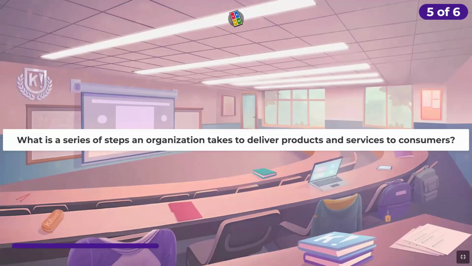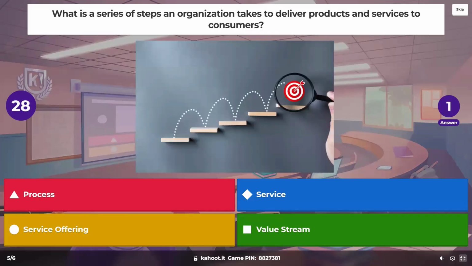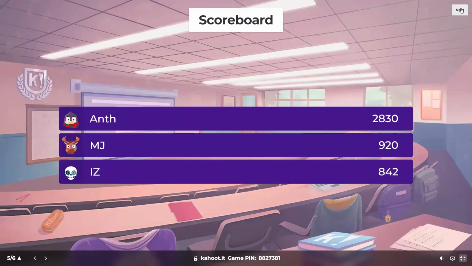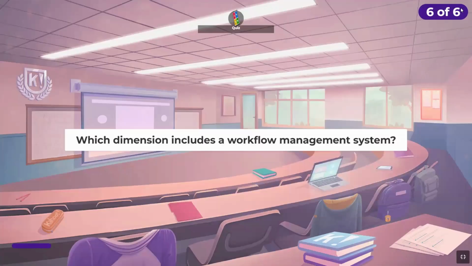What is a series of steps an organization takes to deliver products and services to consumers? So value stream. I would also accept process. If it was a test, I accept value stream and process.